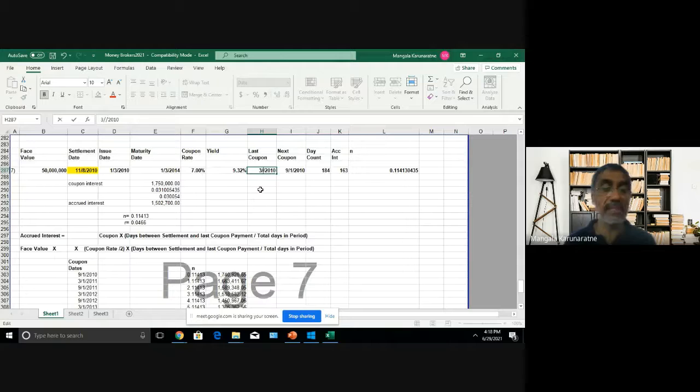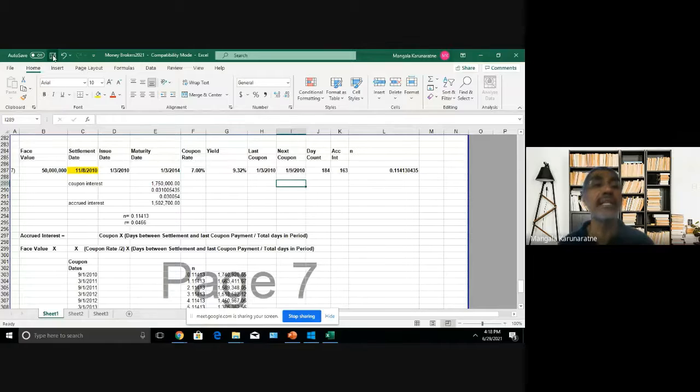Why do I say 1/3/2010? That was the issue date, because thereafter we haven't received even a single coupon. So the first coupon you are going to get is on 1/9/2010, that is, 6 months after 1/3/2010.